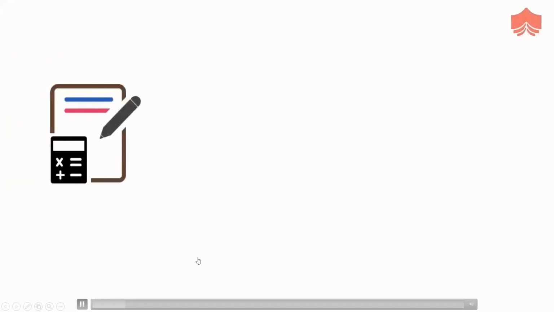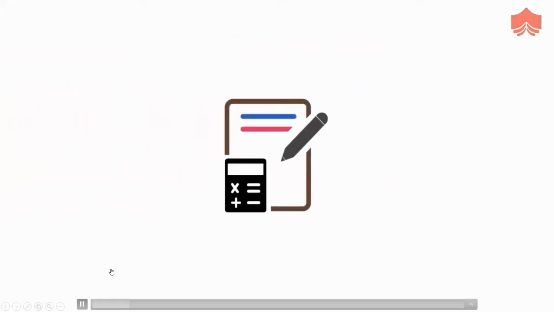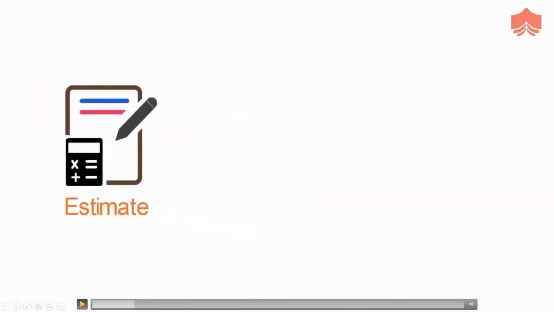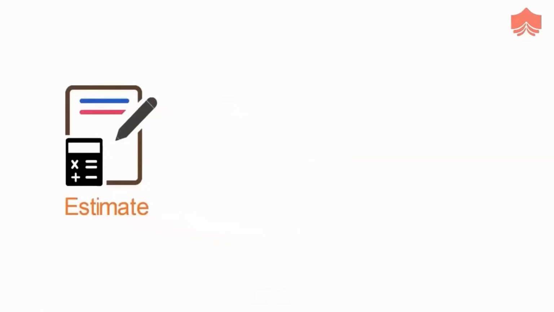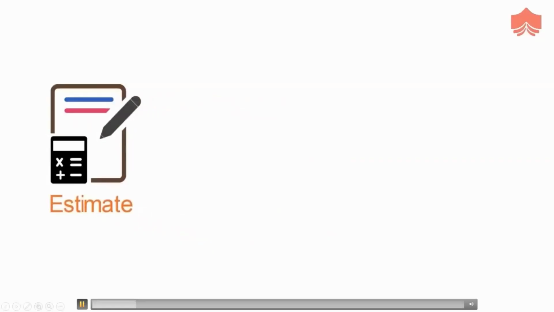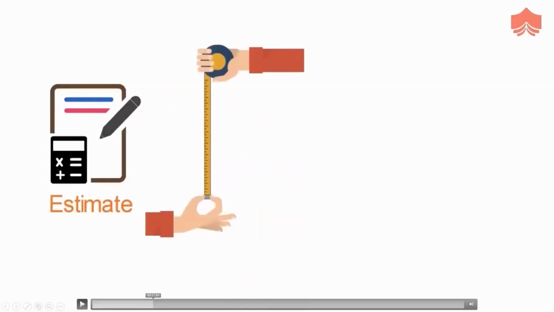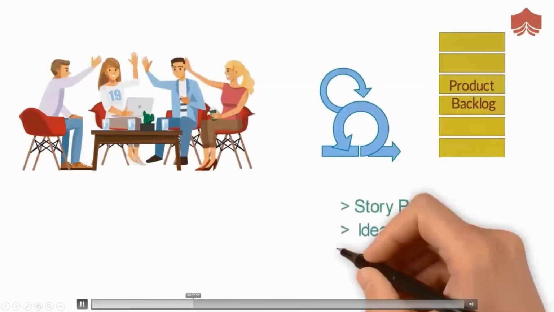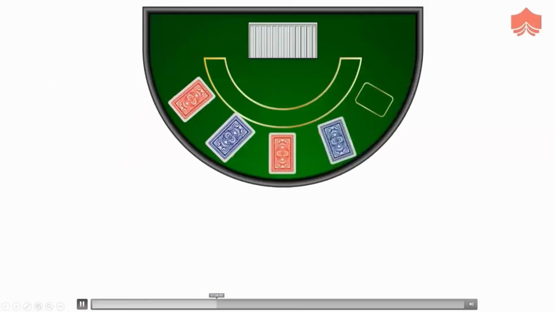So there is a concept called planning poker. This is used to do the estimation during our agile ceremonies. How we do planning poker is we have a set of cards, as I showed you previously. Here, the team comes across the table.